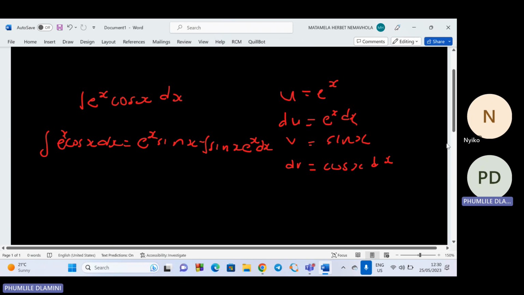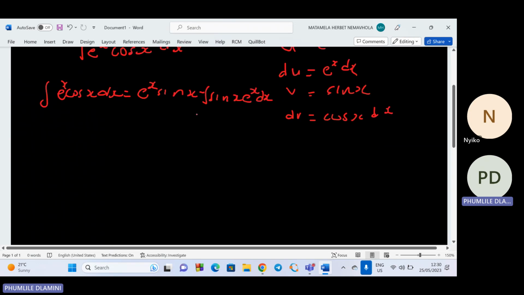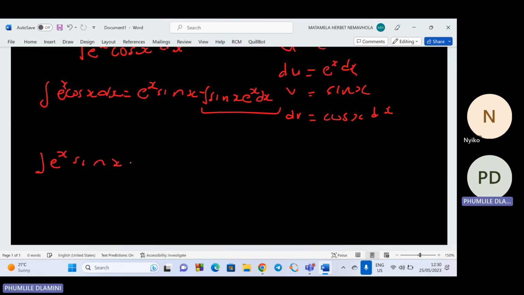So if you check here now, we have this one which we still need to work out: the integral of e to the power x sine of x dx. So when we work it out, we can say u, du, v and dv.